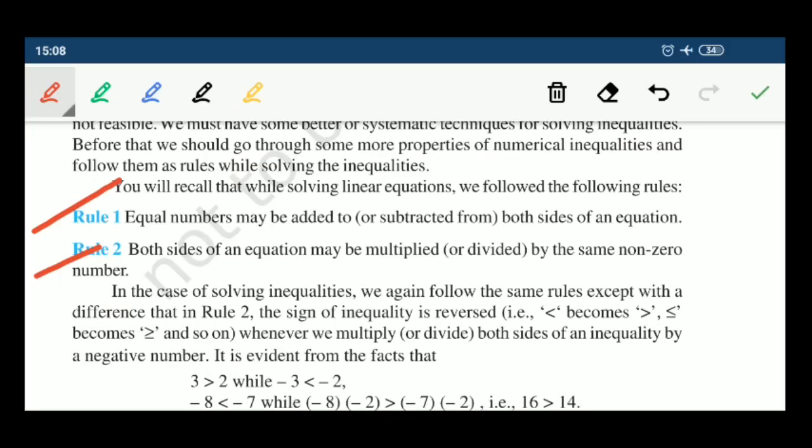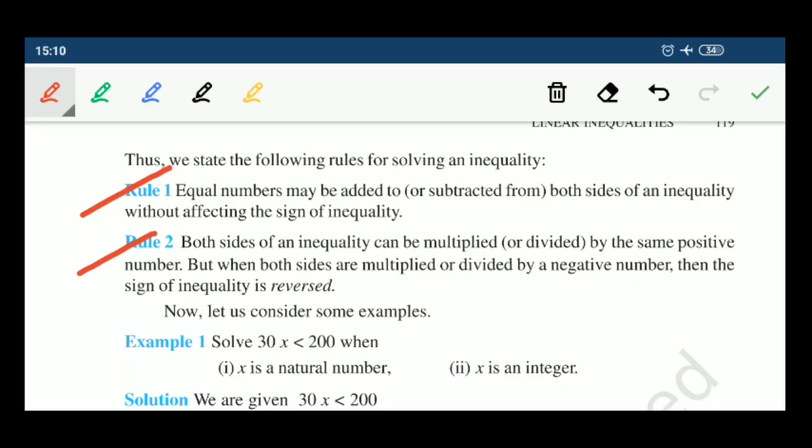Now see your question. You will find only the values of x which are natural numbers. When you divide 20 by 3, after division you will get 2 as a remainder. So the values of x are less than 6 point something, approximately 6.6.